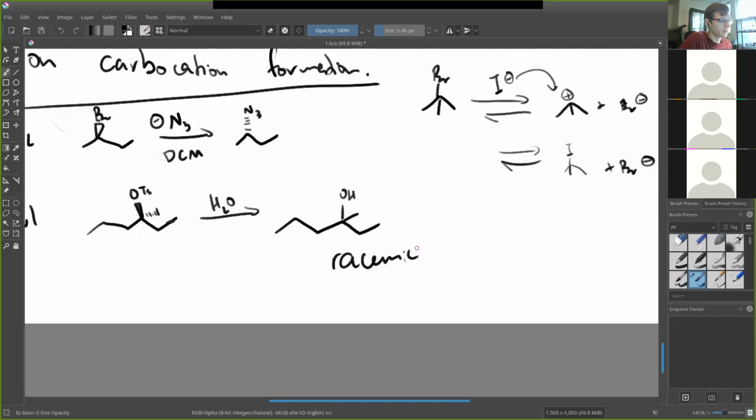This is still a chiral center, because it has four different things on it, but this has to be racemic at the end because we had to go through a state where it was achiral. Anytime you're going from something that's achiral and your product has chiral centers, you have to get a racemic product out.